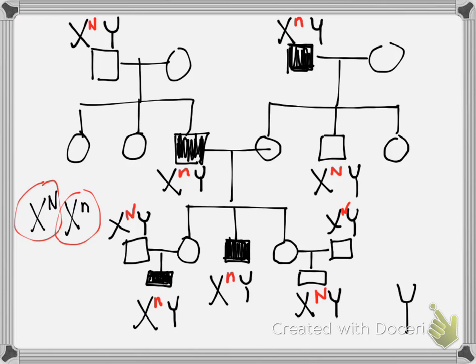Once we have their genotypes, it's really easy to tell what their moms' genotypes were. First of all, we know all the ladies are unaffected. None of these women are affected, so they all have one copy of X big N. So we can go through and do that. Oh, I should have kept those in red, huh? That was a good little system.